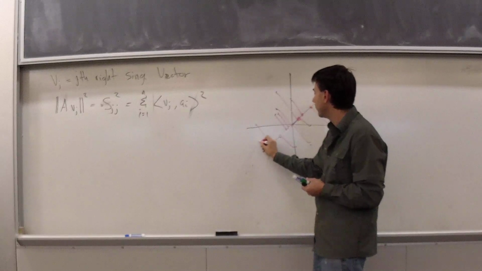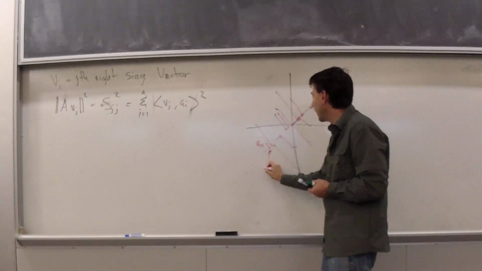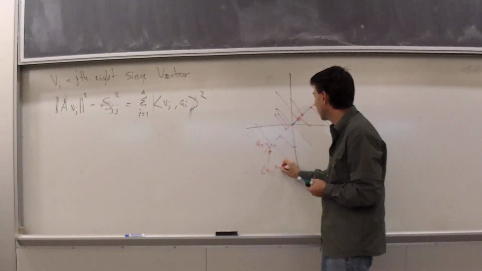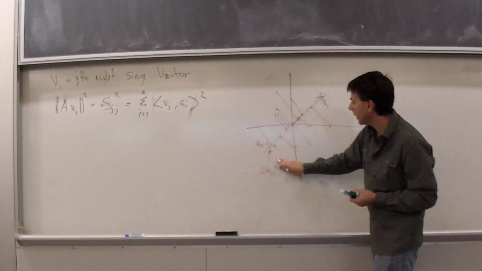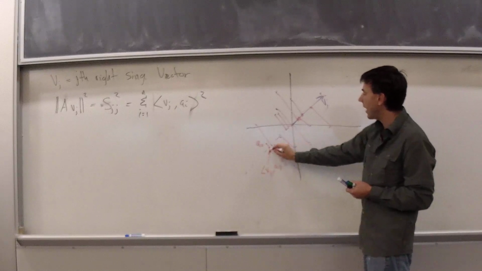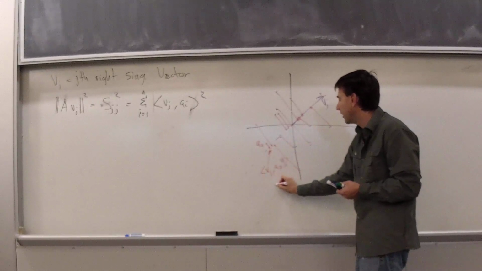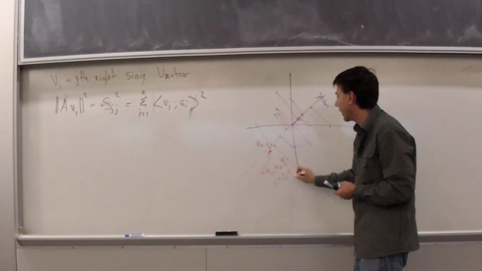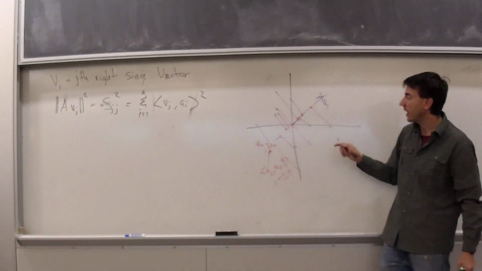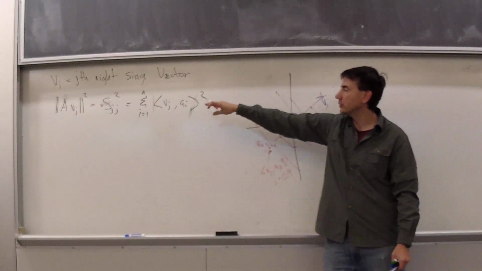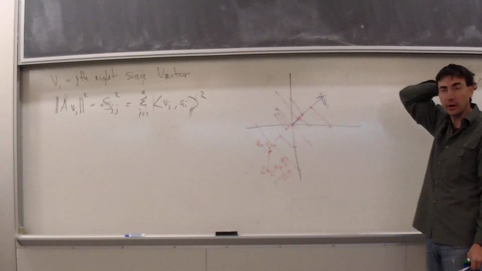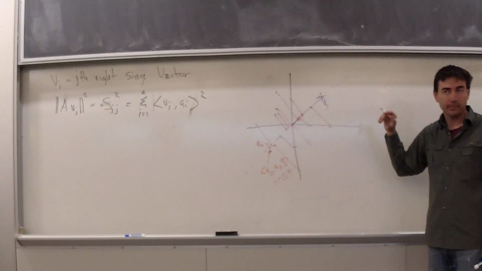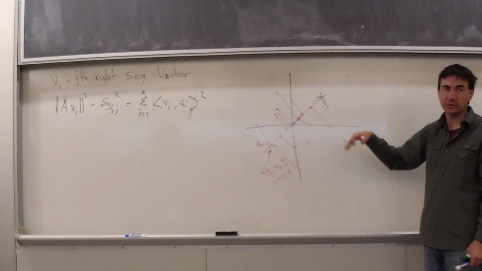This point, if this is a7, is basically vj dot a7, which might be, in this case, negative 0.9. And now sjj squared is going to be the variance of this data set projected onto this one-dimensional subspace.